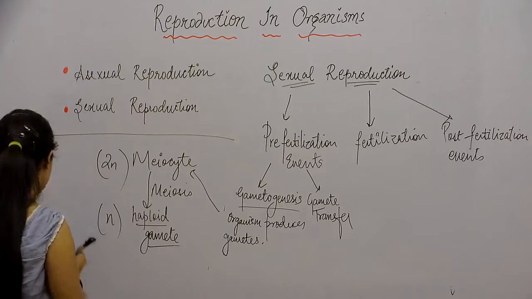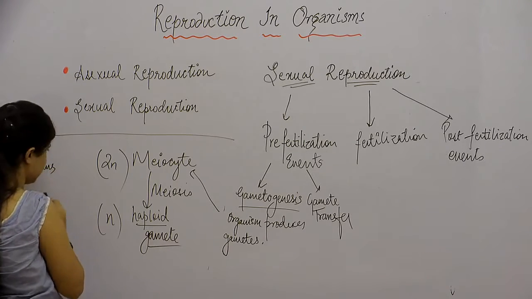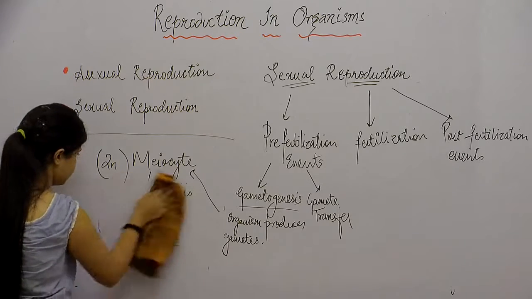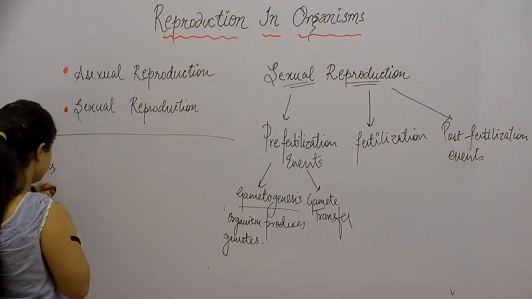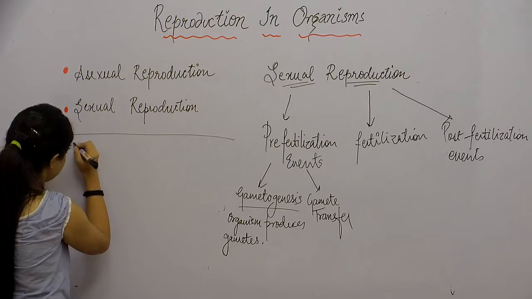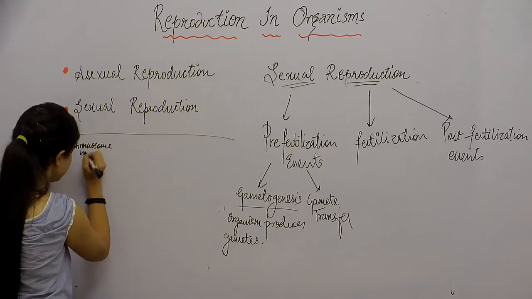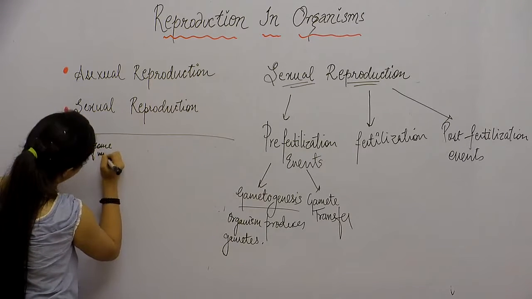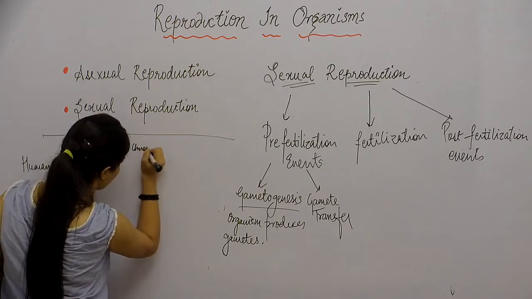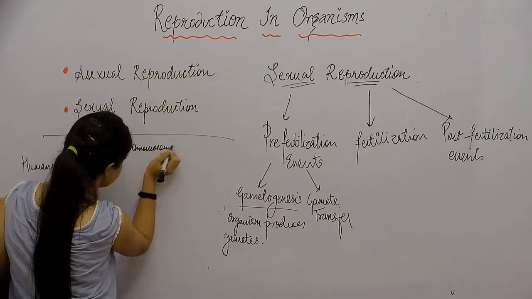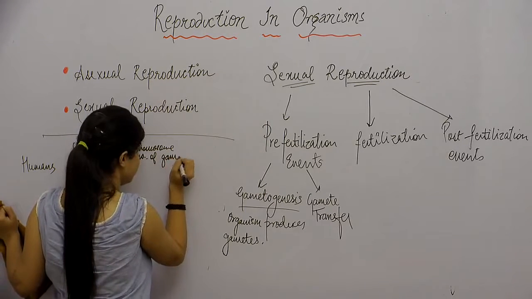We can have few examples like in humans. In humans, chromosome number of meiocyte and chromosome number of gamete, we can differentiate.